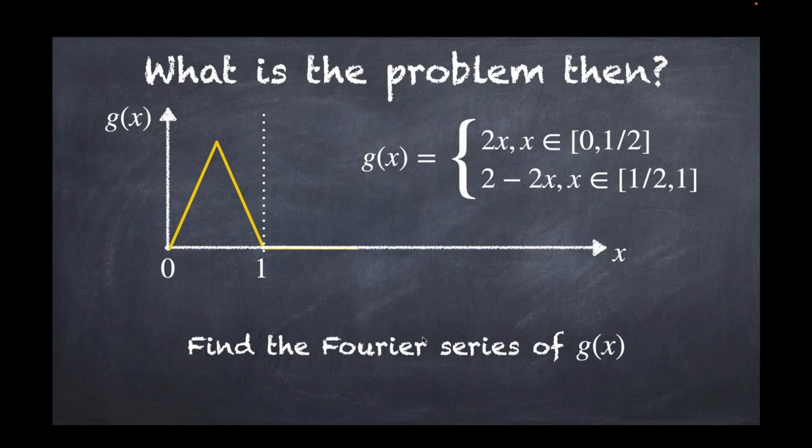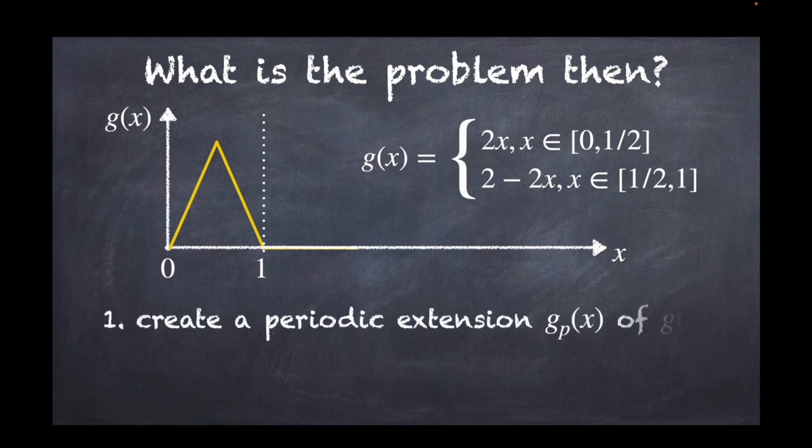We said earlier that essentially the goal is to express periodic functions in terms of other periodic functions which have the same period, or at least that contain this period as part of this repetition pattern. So the way it works is that what you need to do is to create what is called a periodic extension that I'm going to call GP of x of g of x.